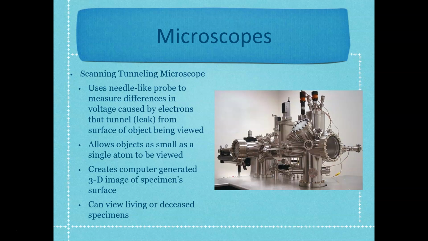So really high magnification, even more than that, like approximately 2 to 300 or 2 to 3 million times its size. Now I can get down to an atom, which is really tiny. But the cool thing is now it allows me to see both living or deceased organisms. So I get the potential to not only see really high magnification, but now I can actually see how that thing works, not just what the structure looks like.